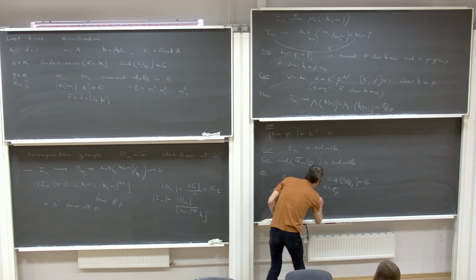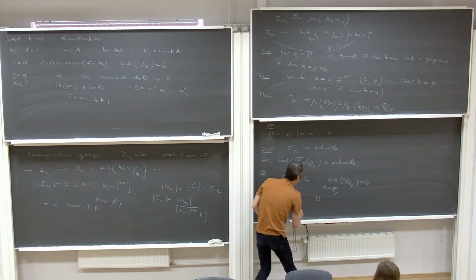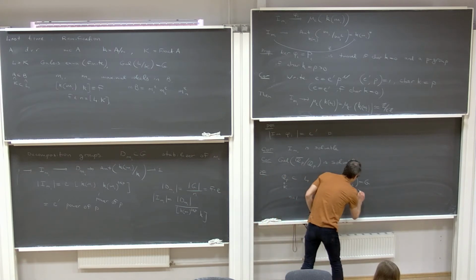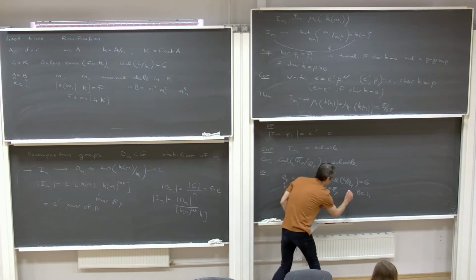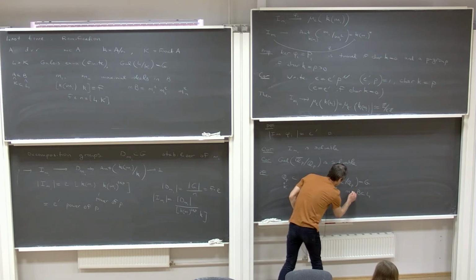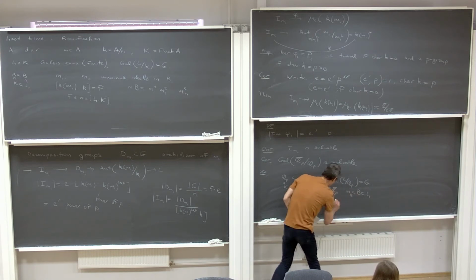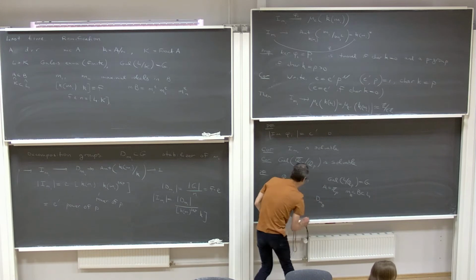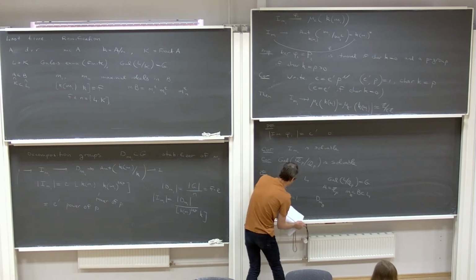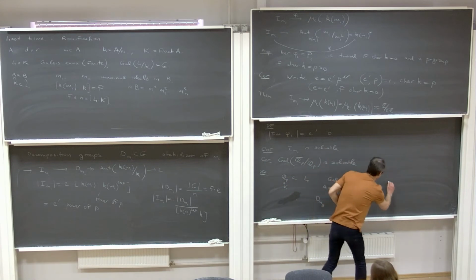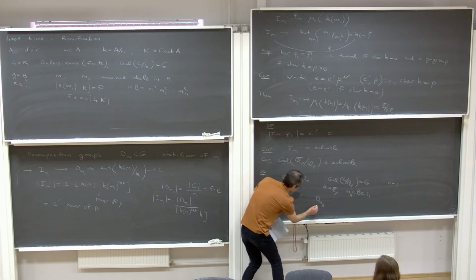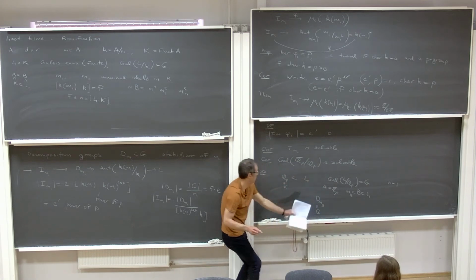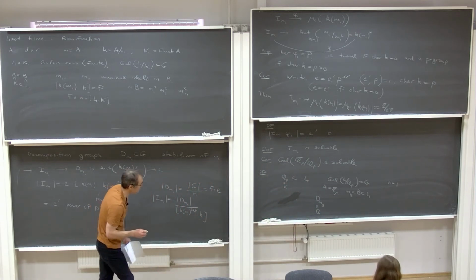Therefore, the decomposition group, well, I have B in L. So here I have the maximal ideal, only one maximal ideal. The decomposition group is the whole group, right? Because there is only one maximal ideal.